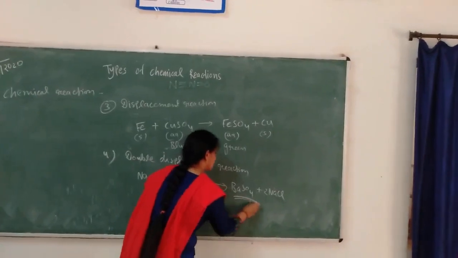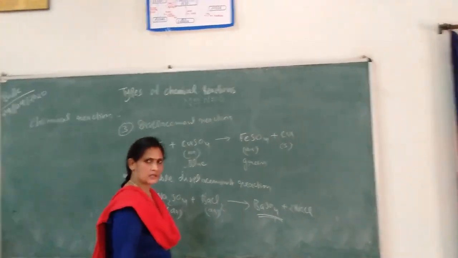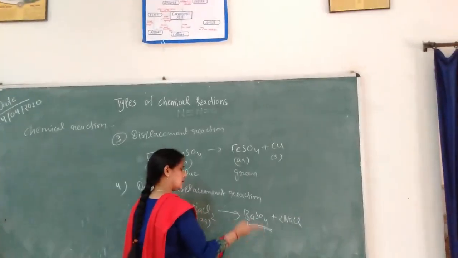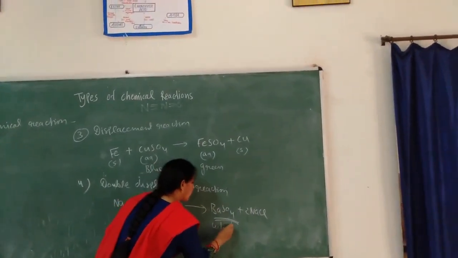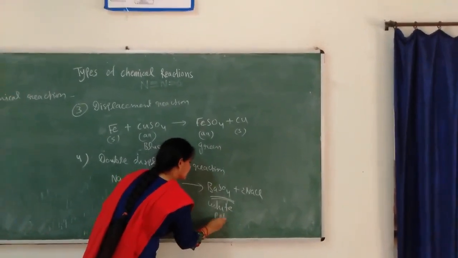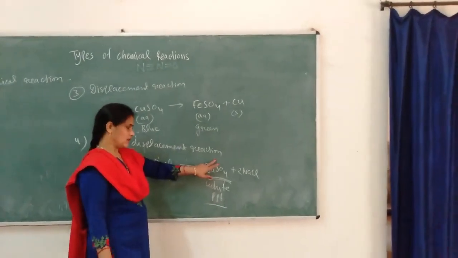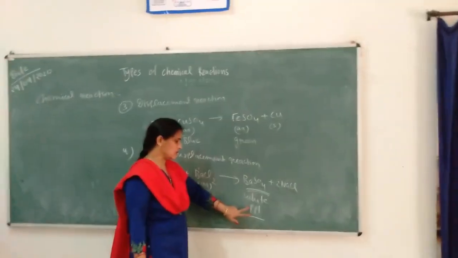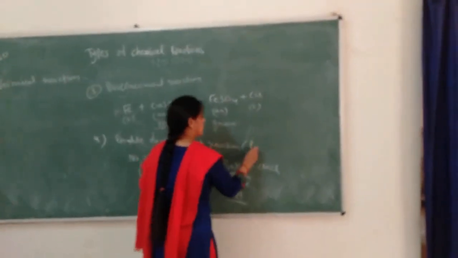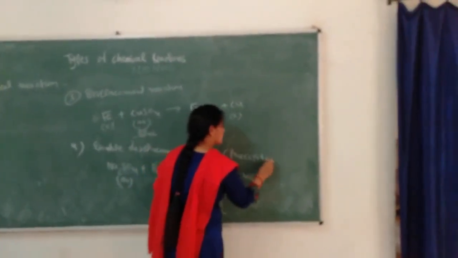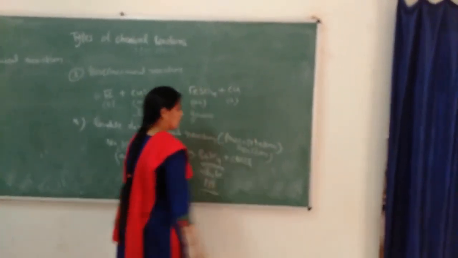You know, this barium sulfate is water insoluble and is a white color substance. Precipitation reaction, because in this reaction a precipitate is formed.